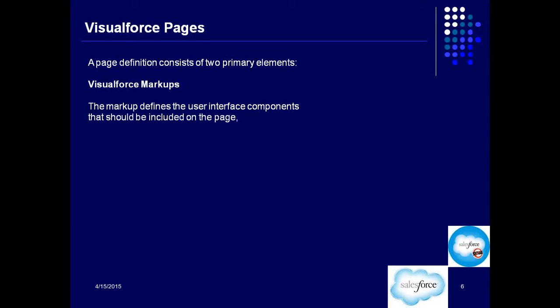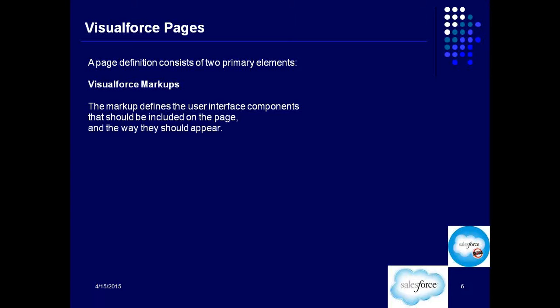So everything like the text, images, links, buttons, maps, whatever, right? So that is all markup. Okay. Table of data, or row of data, column, right? So the markup defines the user interface component that should be included on the page and the way they should appear.